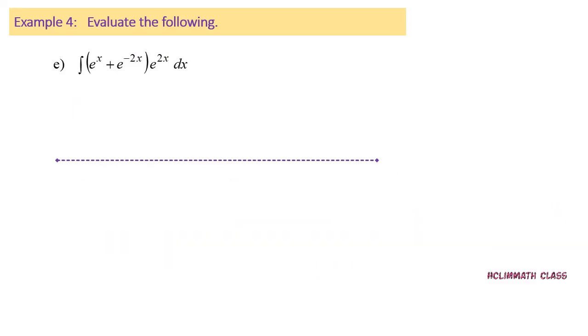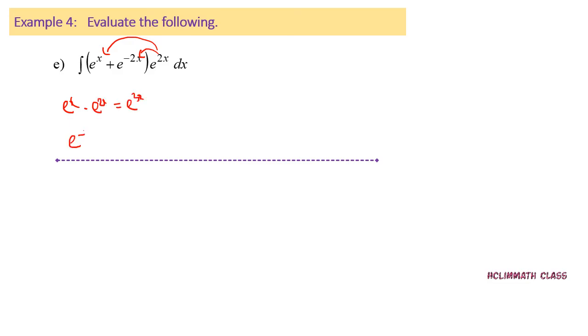So we proceed to example E here. Before we do anything, I repeat, for integration there is no product rule. So what you need to do is that you have to expand first. So e to the power x multiply e to the power 2x, you get e to the power 3x.